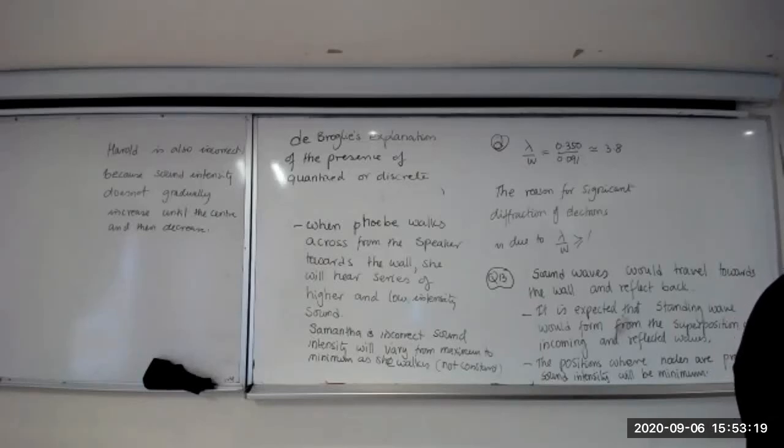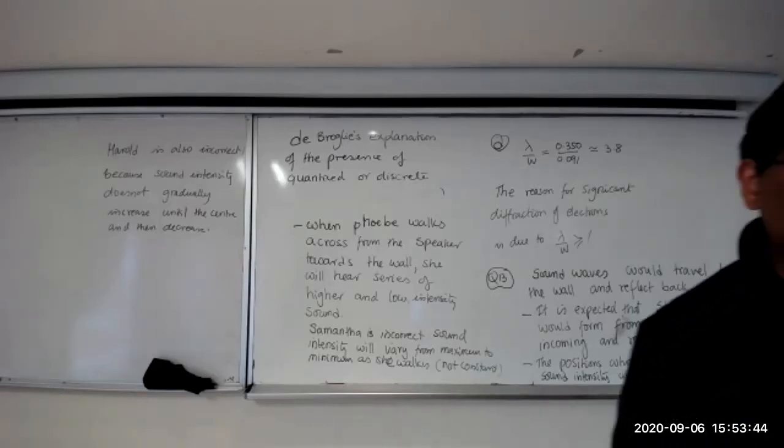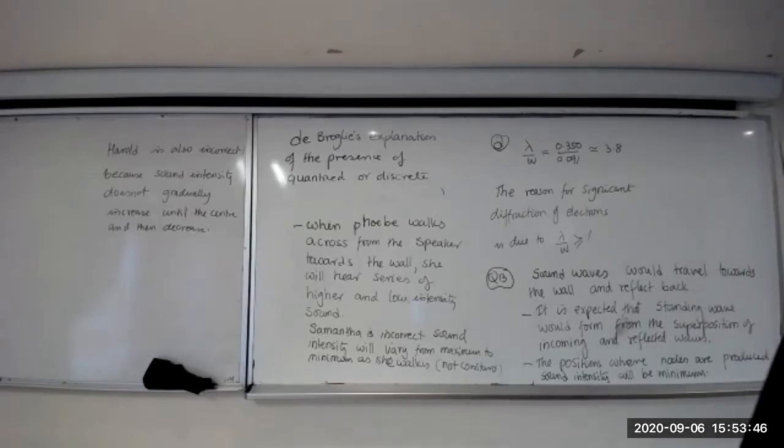Next part of the question. Two identical speakers are set up so that both face the same direction and are connected to a signal generator. What they're saying is that the frequencies are the same and the amplitudes are the same.